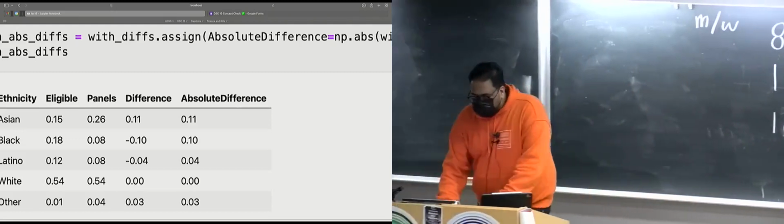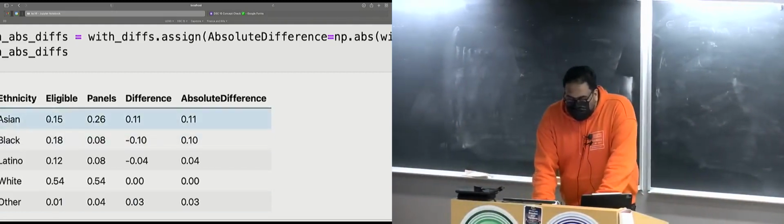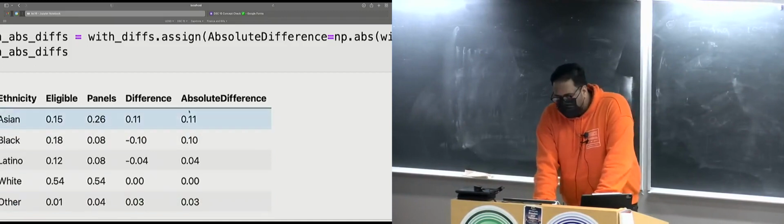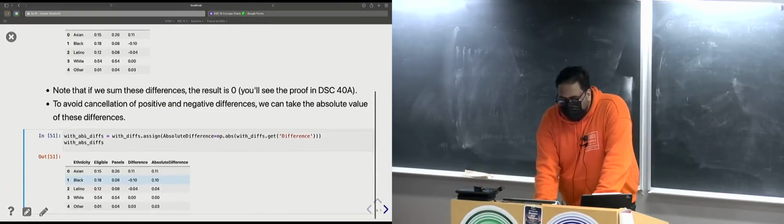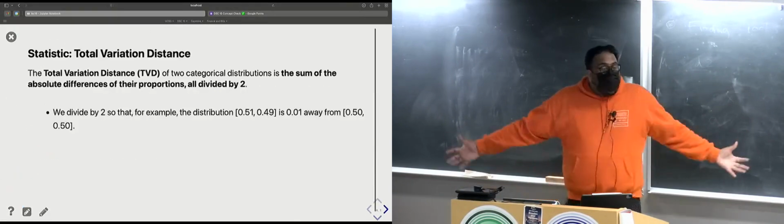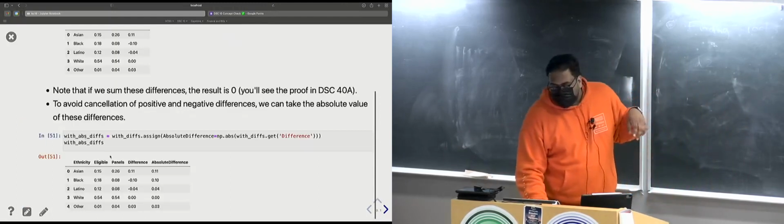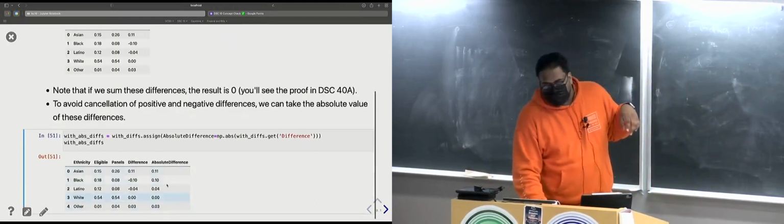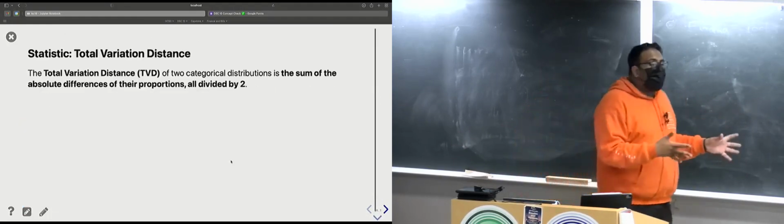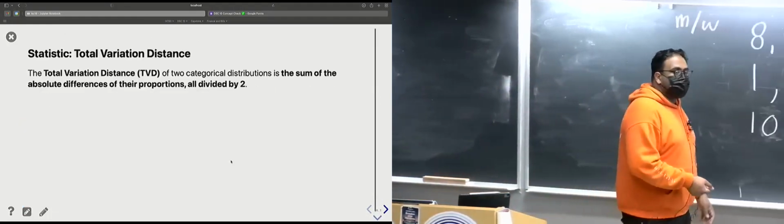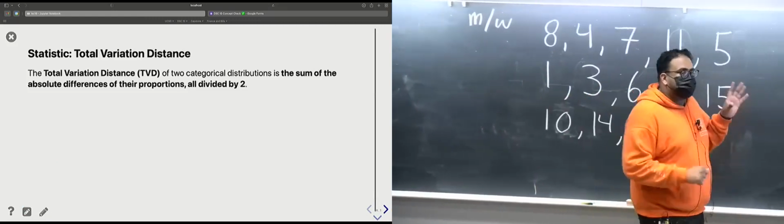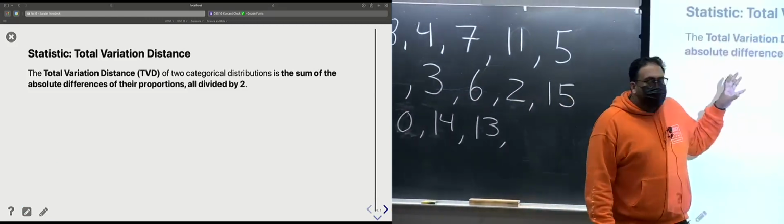Again, to be precise, this column is one categorical distribution. This column is another. This column explains how different the individual proportions are. And if I want to combine all of these differences into a single number, what I can do is add up these absolute differences. That's almost what the total variation distance does. The total variation distance is a new test statistic, and it only has one purpose.